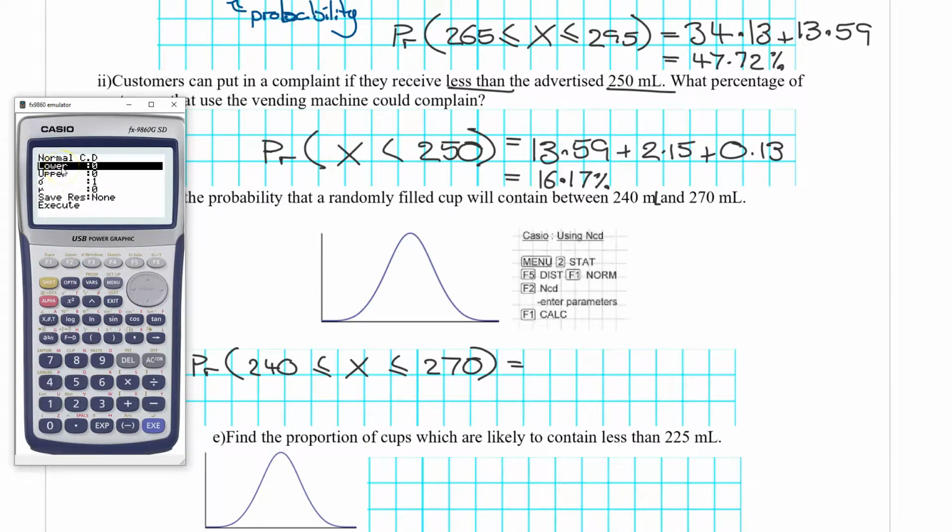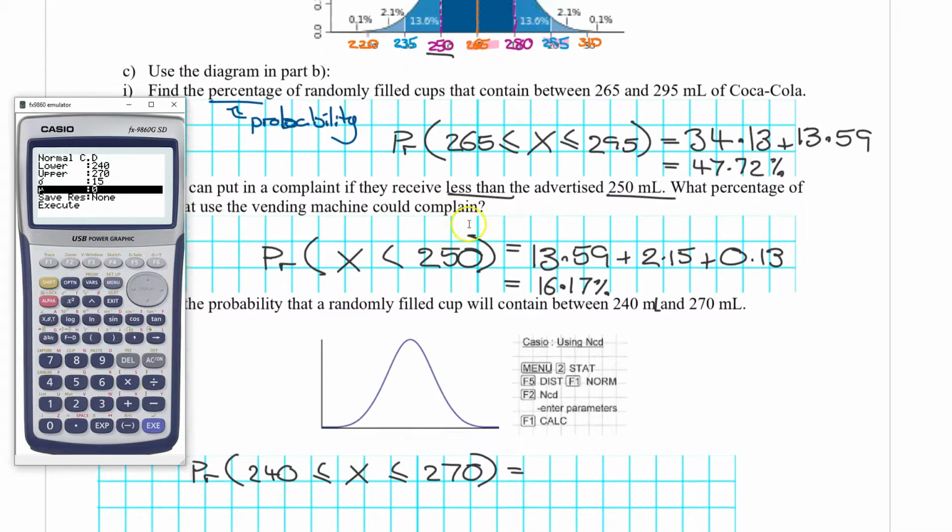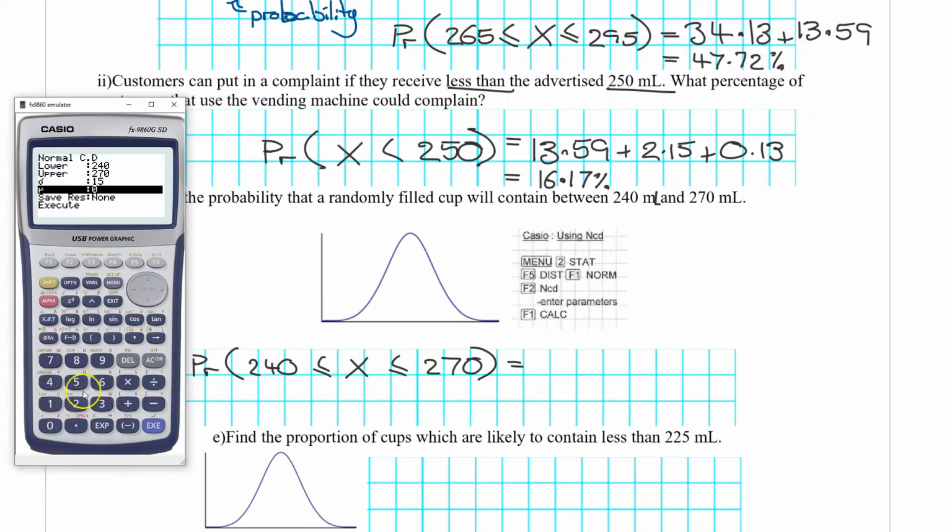Okay, now we simply put in our values. So we're going for a lower value of 240, upper value of 270. And remember, our standard deviation is 15, and our mean is 265. Yeah, this number here. Putting that in, go down to execute, and it's going to be this here.